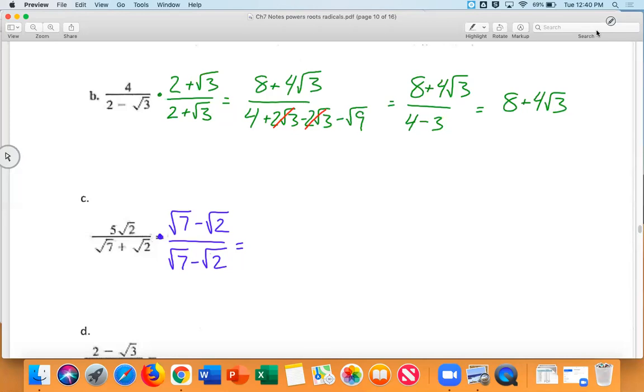Then root 7 times negative root 2. You have plus root 14 and then have minus. Got it? And see how the minus root 14 plus root 14 cancel? What's up?